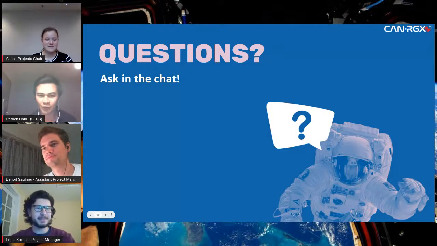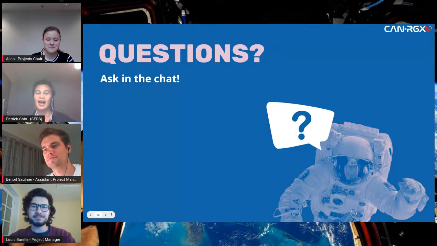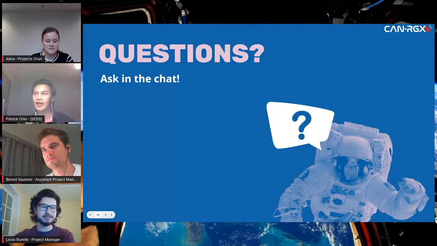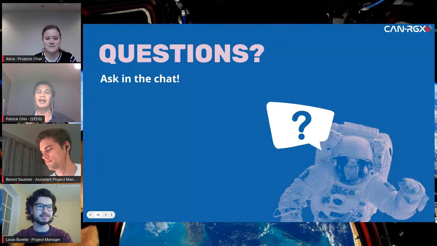Sure, I'll jump in there first, Alina. So I flew my experiment on the 2019 CANRGX campaign. I was interested in a fluid dynamics style experiment. We were interested in looking at the behavior of fluids between charged electric plates.